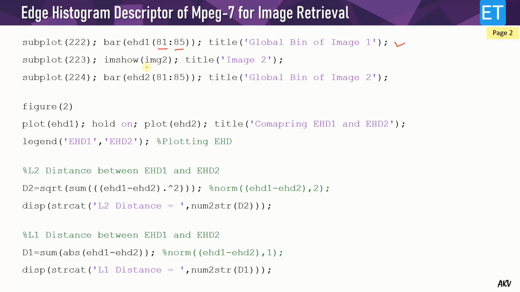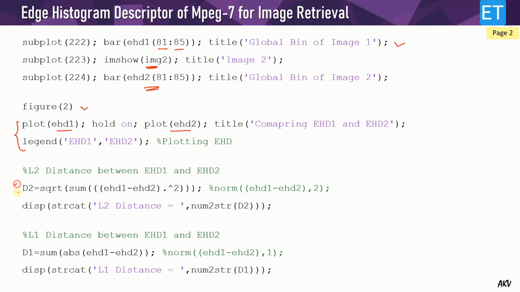Then we plot the second image and its corresponding global bin, so we can have an idea about their outcomes and compare them. In the second figure, I have plotted their EHD also on the same window to compare the EHD of these two images, to have a look at how different they are from each other.